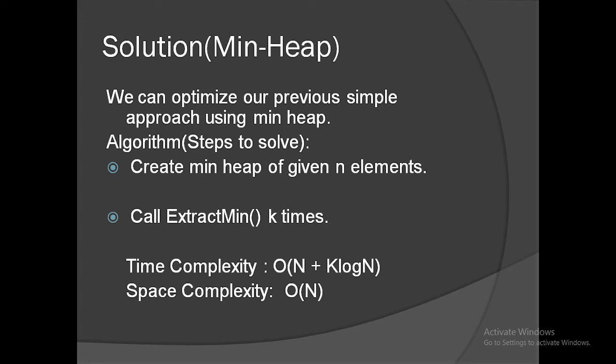Here it is not n log n, it is k log n, and it depends upon the value of k, not the value of n. The remaining part is n plus. We will see that in the time complexity comparison graph, where it will be more clear.